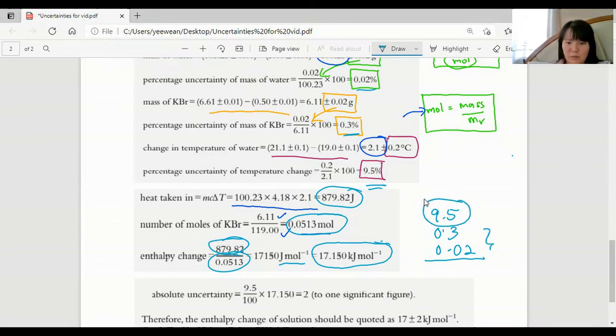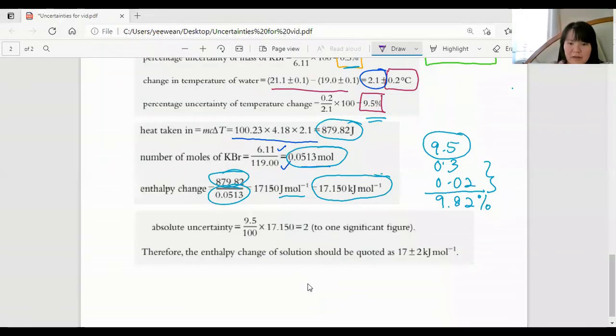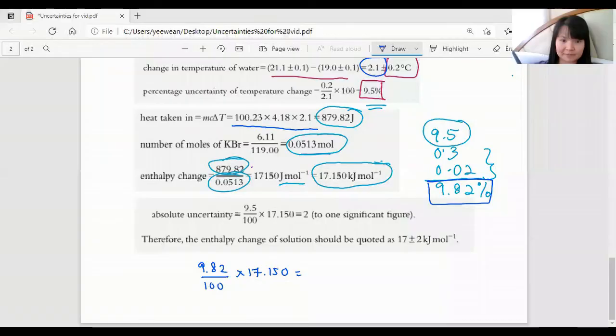So these 0.32% is actually negligible. Even if you total it up, you're going to get a very similar answer because it's so small. So we're going to ignore that 0.32 here, and we're just going to use 9.5 multiplied by our answer here to get the absolute uncertainty.